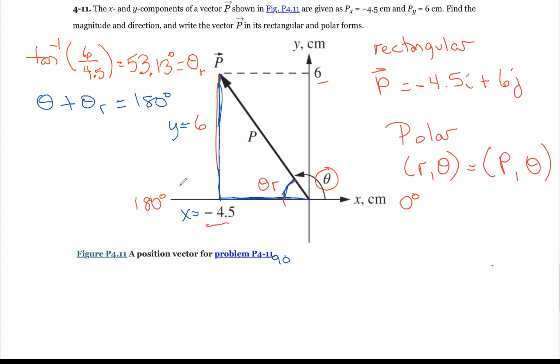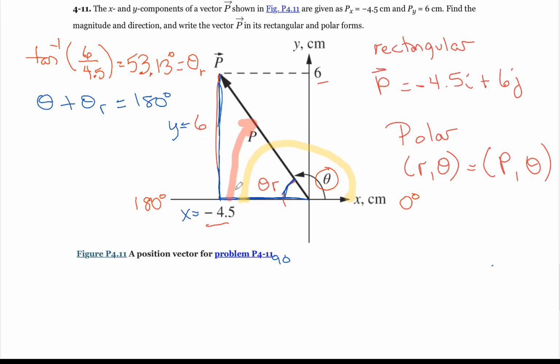Another way to look at it, if you feel very comfortable with trigonometry, is I'm starting here. I'm going all the way to 180 degrees. That gets me here. And then the next thing I'm going to do is back up to here, which is a negative angle.